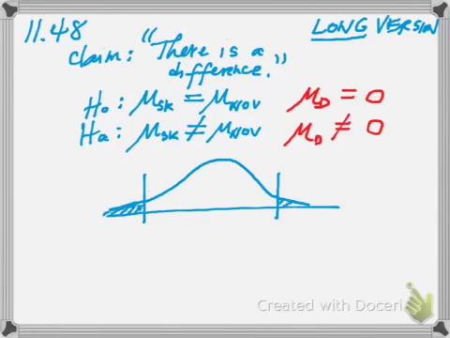If our research value lands this extreme, left or right, we're going to reject that null hypothesis. The null hypothesis is that it's 0 or somewhere close to 0.